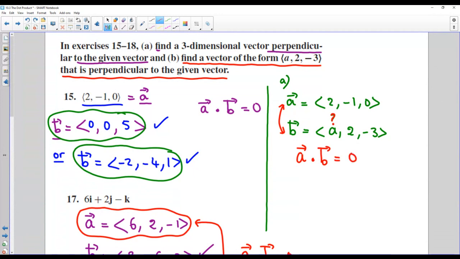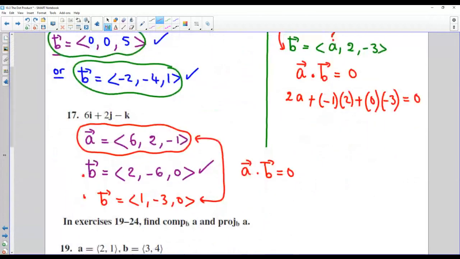So that means 2 times a, so I will get an equation: 2a plus -1 times 2 plus 0 times -3. This should give us 0. So I need to solve this equation and get the value of a.